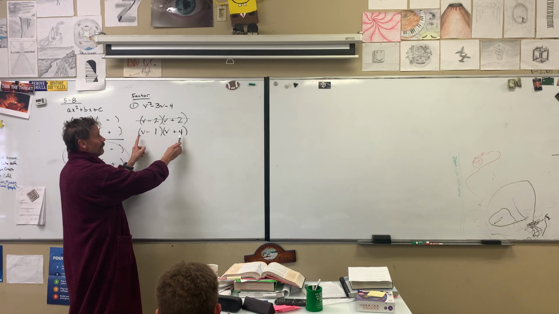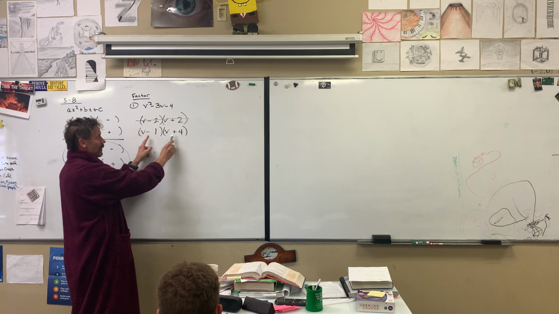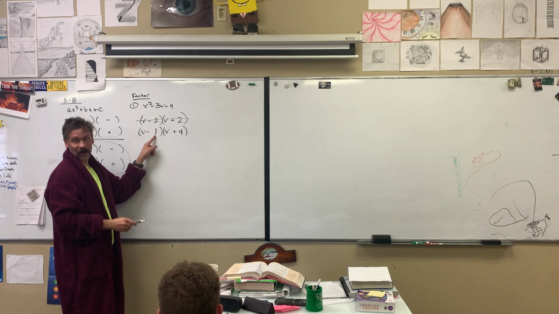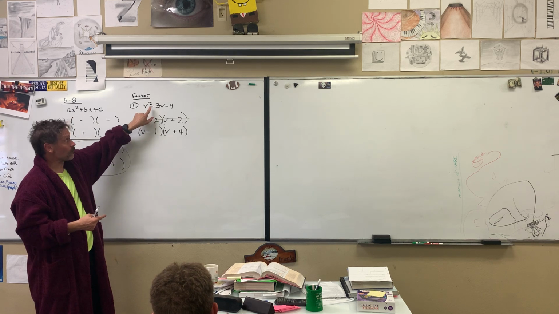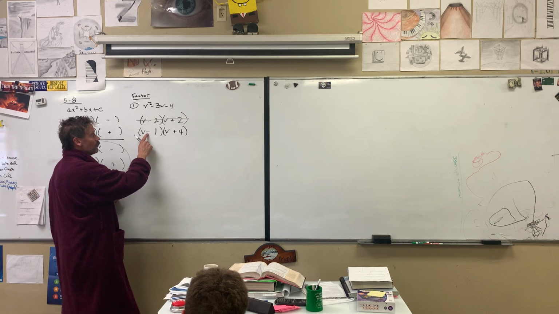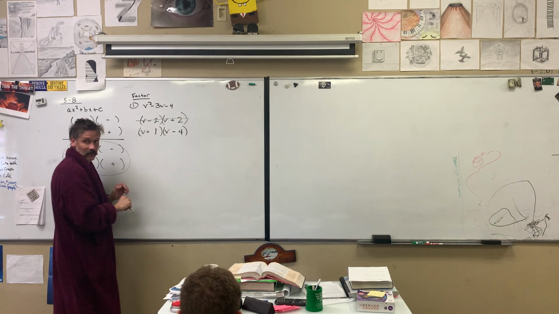We say a 4v, because it's our outers plus our inners, gives us this middle term. 4v minus 1v gives me 3v, positive or negative? Positive. If you end up with the correct number, 3, but the wrong sign, because we got a positive, it gives me negative, simply switch and say, I got the right numbers, just need to switch the signs like that.